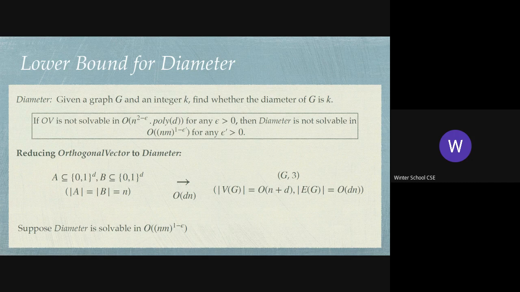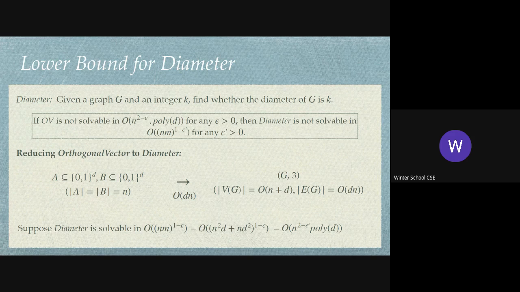Suppose diameter is solvable in O(nm^(1-epsilon)) time. Just replace n by n+d and m by dn. It will be something like this, and then you can further simplify it to O(n^(2-epsilon') times poly(d)).